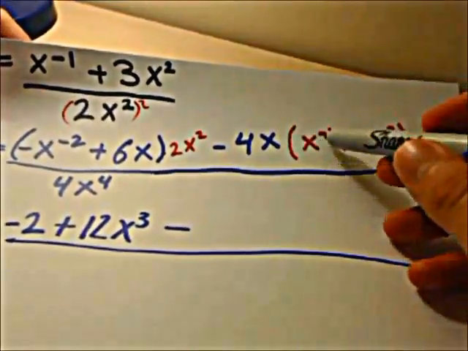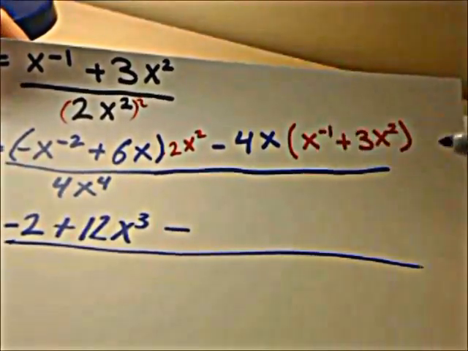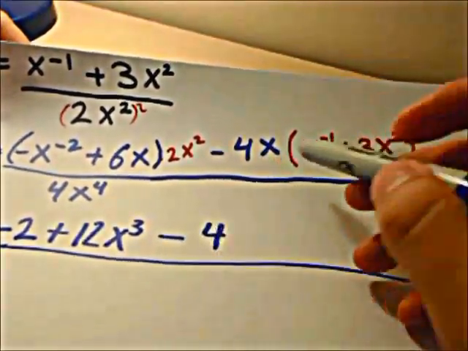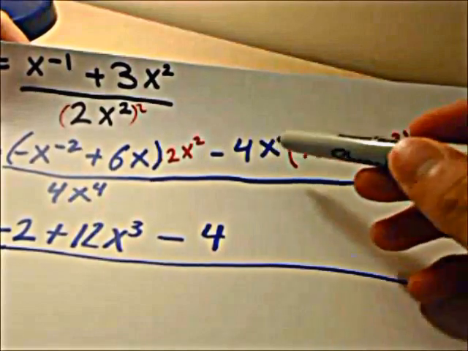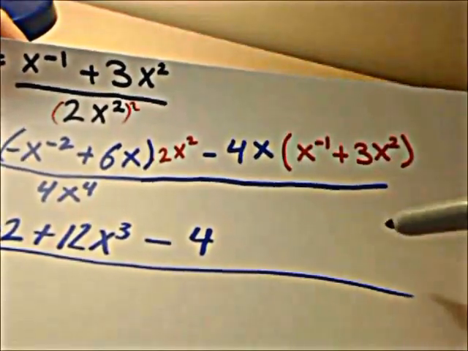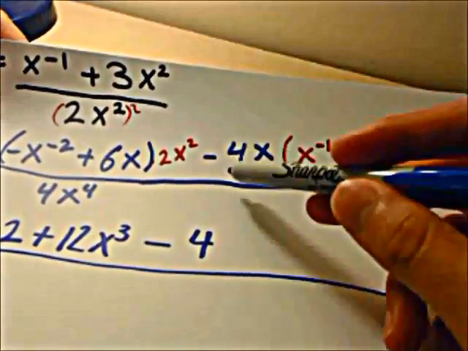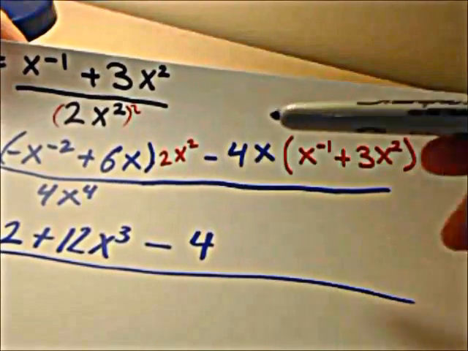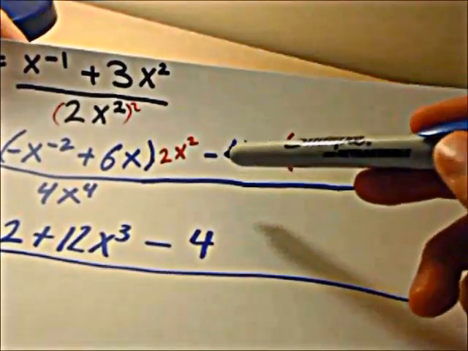So 4x times x to the power minus 1, again the 4 would come here, but the x's would cancel each other out. It's just power 1 minus 1, so x to the power 0, and then minus 4x. Don't forget the minus. A lot of students do that, so please distribute the minus as well.